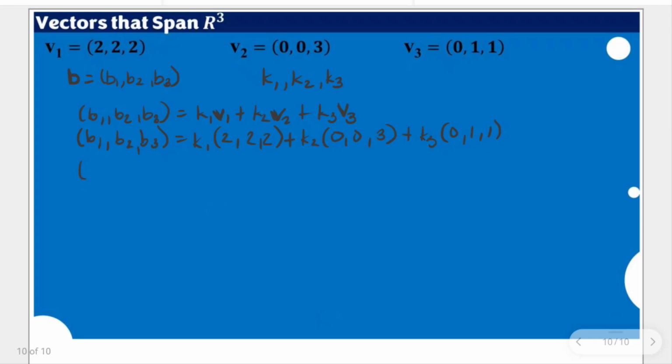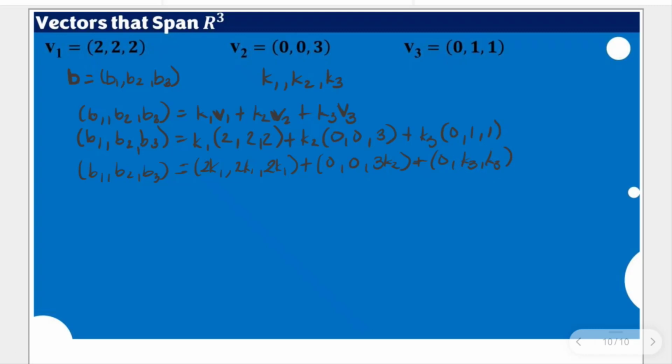So this is still (b sub 1, b sub 2, b sub 3) equal to scalar multiplication: (2k sub 1, 2k sub 1, 2k sub 1) plus (0, 0, 3k sub 2) plus (0, k sub 3, k sub 3).